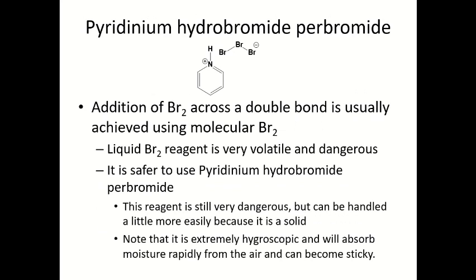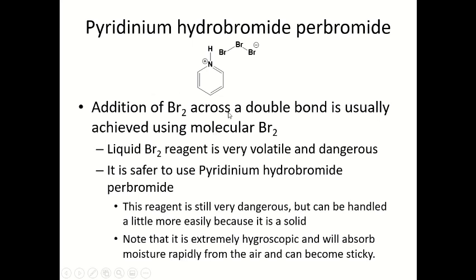That's why it is better to use pyridinium hydrobromide perbromide. The addition of a bromine across the double bond is usually achieved using molecular bromine. Since liquid bromine is very volatile and dangerous, it's safer to use this reagent.